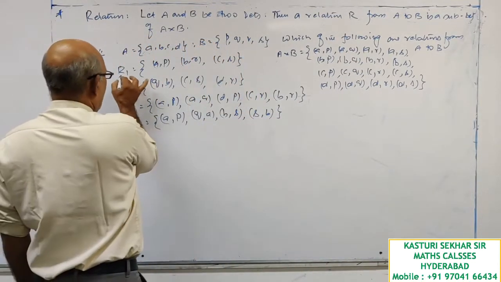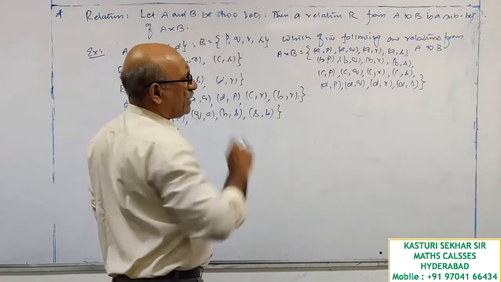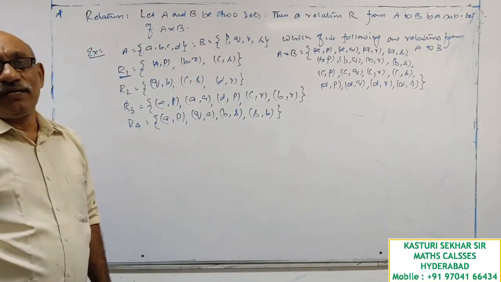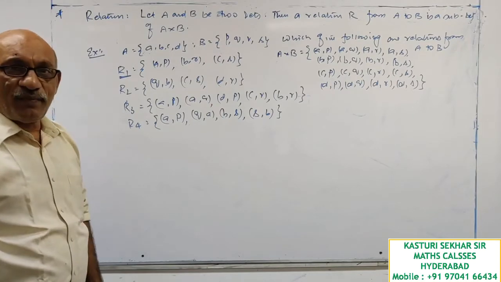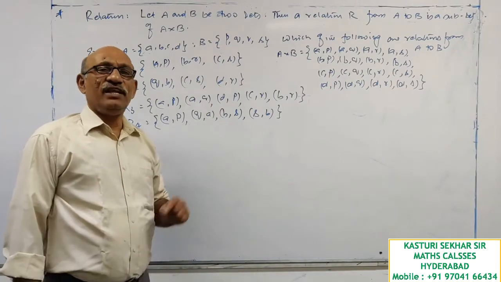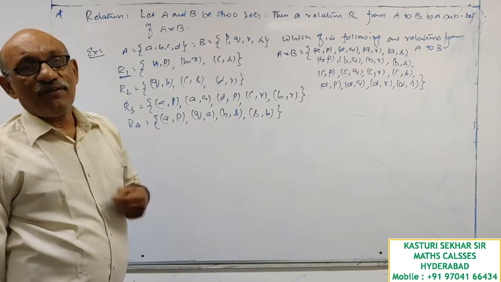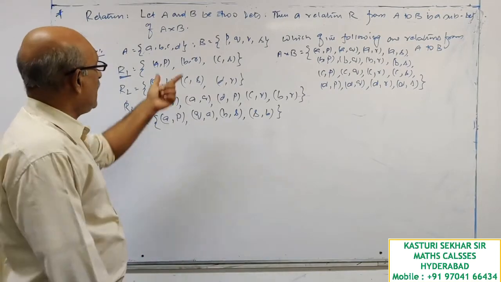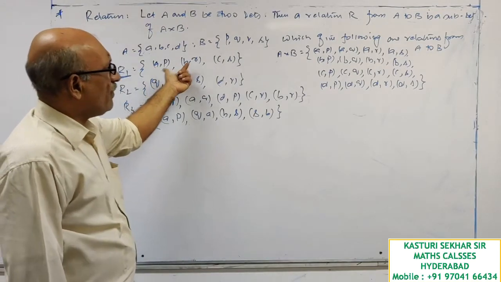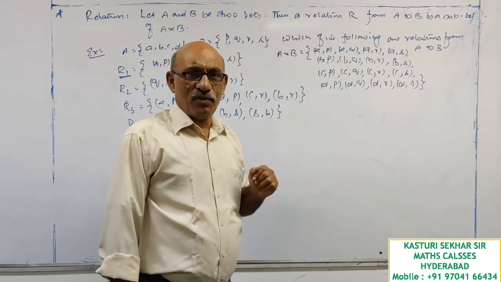Now, if R1 is a subset of A cross B, then you can say it is a relation. What is the definition of subset? Again recollect. This relation R1 is derived from the Cartesian product.